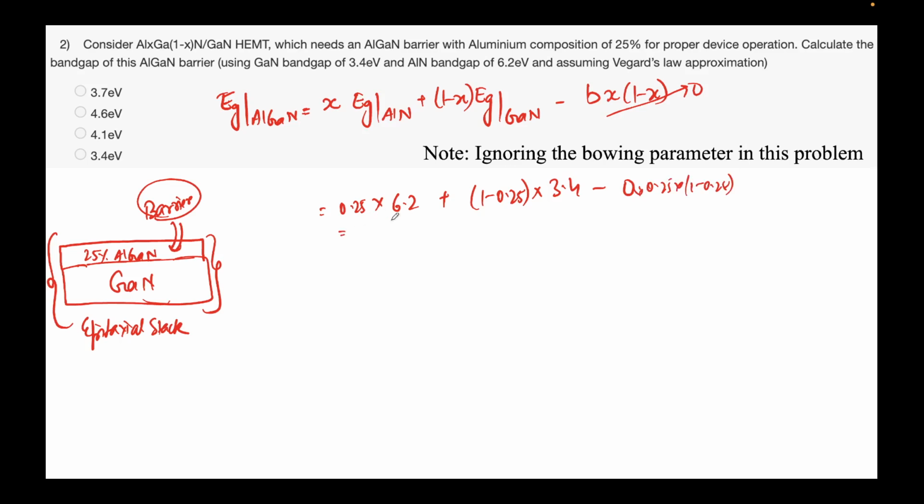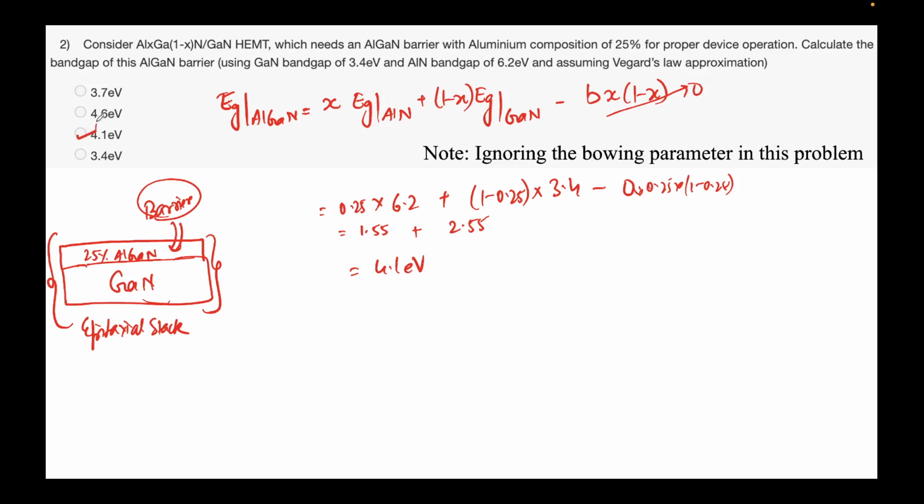So 1/4 of 6.2 will be 1.55, plus 0.75 into 3.4, that is coming out to be 2.55. You add these, 1.55 plus 2.55, so this will be 4.1 eV. So the answer is 4.1 eV.